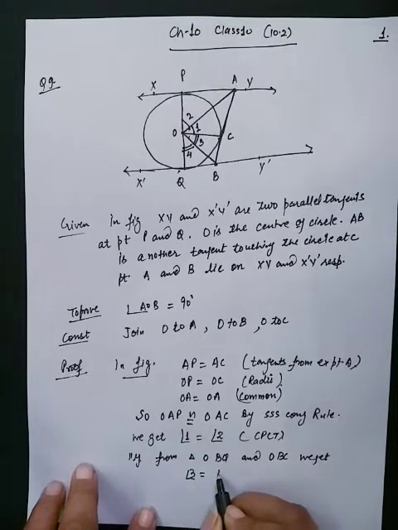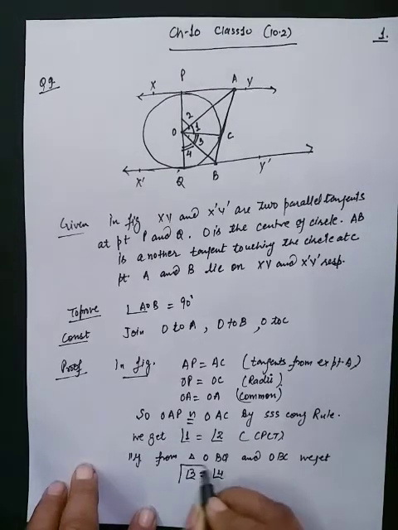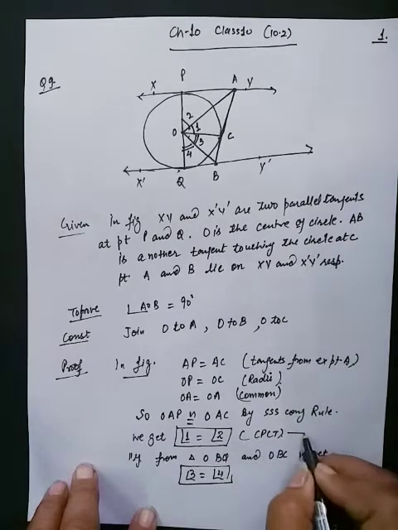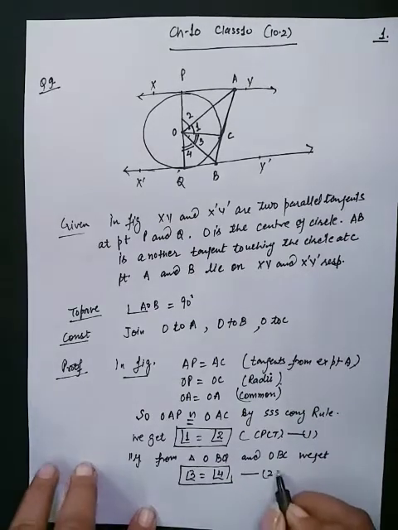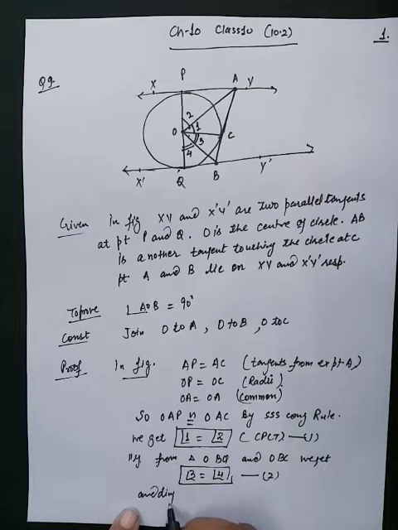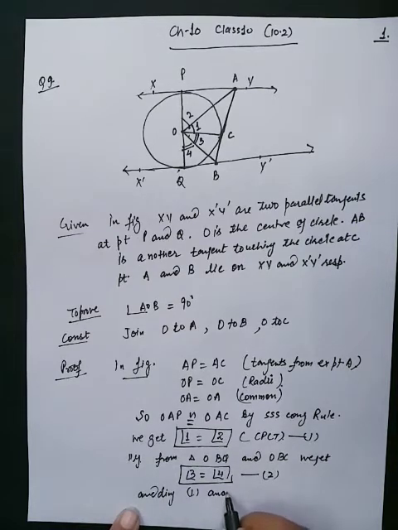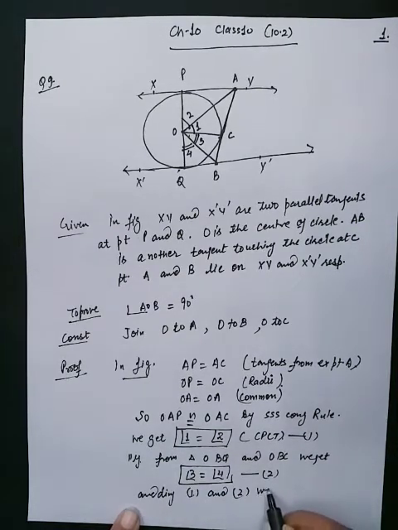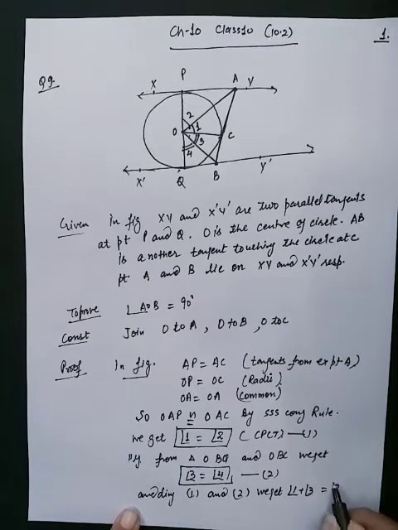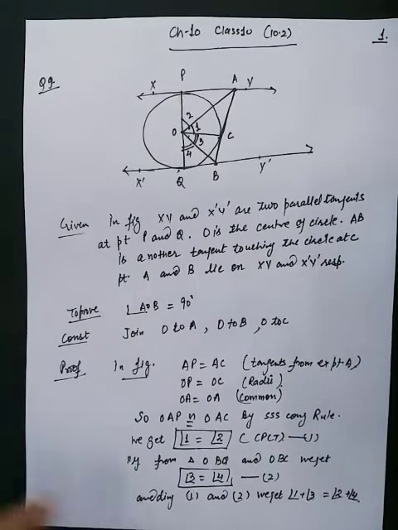Angle 3 is equal to angle 4. On adding these two equations, we get angle 1 plus 3 is equal to angle 2 plus 4.